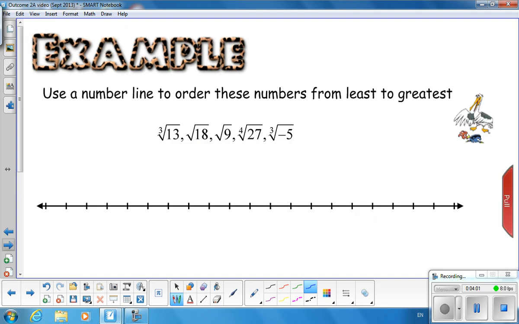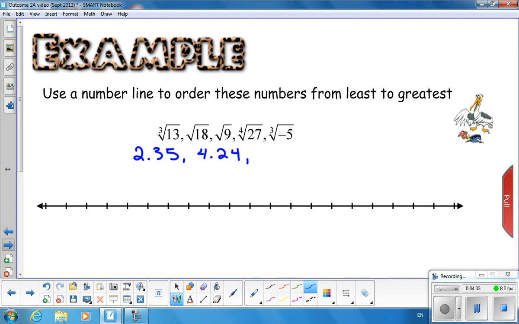Use a number line to order these numbers from least to greatest. I think the easiest way to order irrational numbers is to change them into their decimal forms or their approximate decimal forms, and then order those ones. So if we start with the cube root of 13, the cube root of 13 is approximately 2.35. The square root of 18 is 4.24.